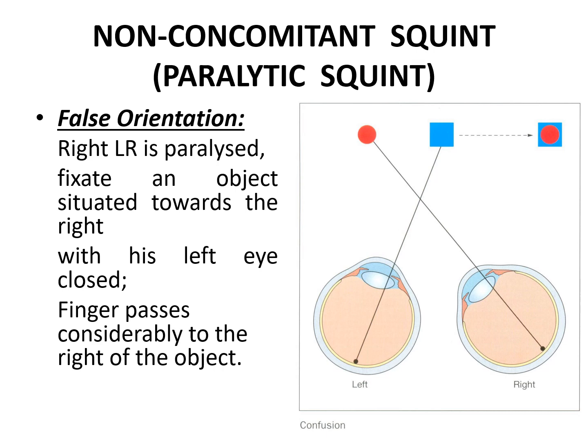When we force the right eye to see the object and the other eye is closed and ask the patient to point out this object, his finger will project much more towards the right side of the object, as the object will have fixation on the nasal retina, and the nasal retina projects towards the temporal side. So due to this false orientation, confusion is created and the patient has problems.